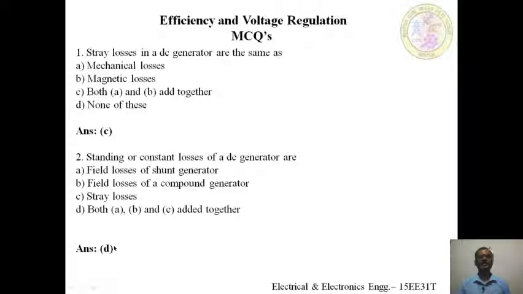The answer is D. Field losses of shunt generator, field losses of compound generator and stray losses, all these come under standing loss only. These all are the constant losses only. Stray losses, magnetic plus mechanical losses, both are constant.